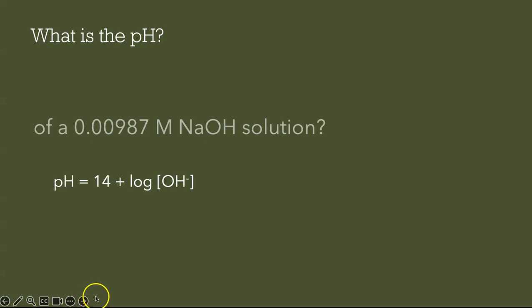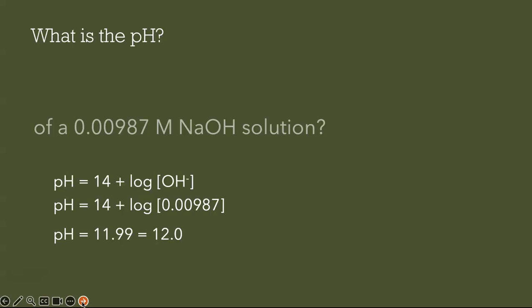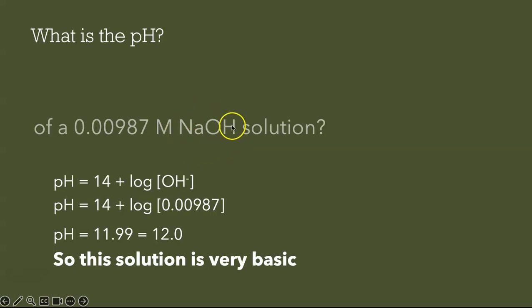So this is the formula that I'm going to use to calculate my pH. And when I type it all in, I'm getting a pH of 12. And so that is a very basic solution. Of course, I know NaOH from my previous information is a strong base.